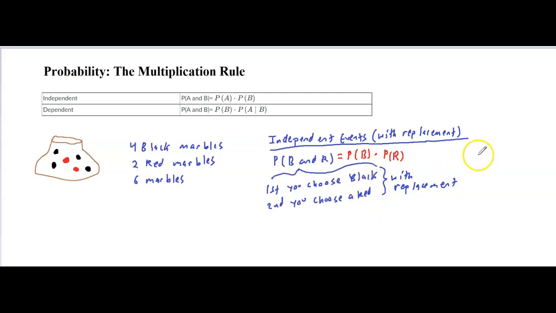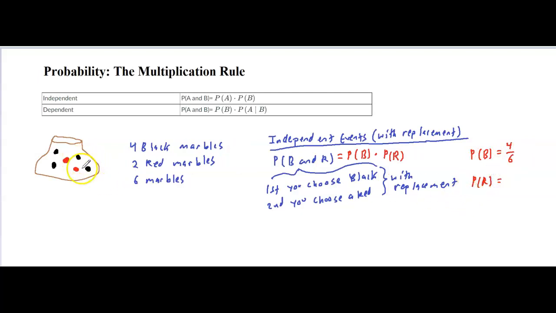Alright, so let's fill those in. What's the probability of getting a black? I look at my sack of marbles and say, how many black marbles are there? 1, 2, 3, 4. How many marbles are there total? 6. So it's 4 out of 6. You can reduce this, but I'm just going to keep them the same to keep it simple, and we can change it to a decimal anyway. Let's look at the probability of getting a red.